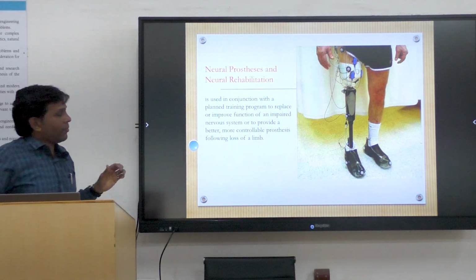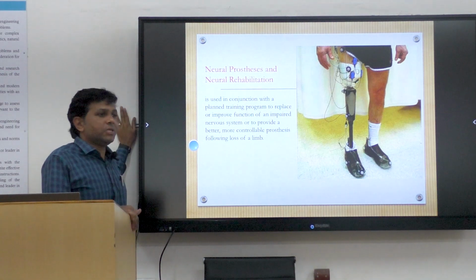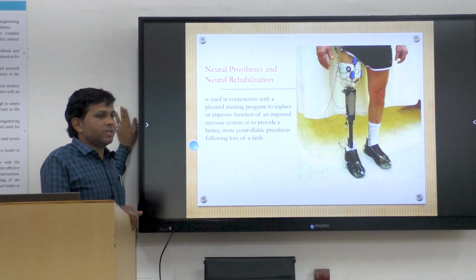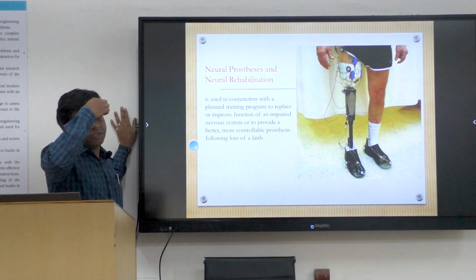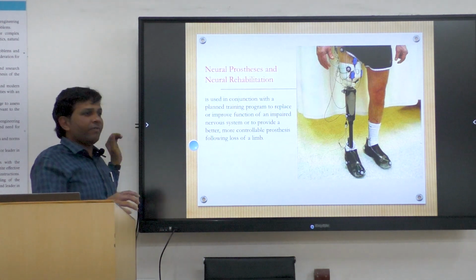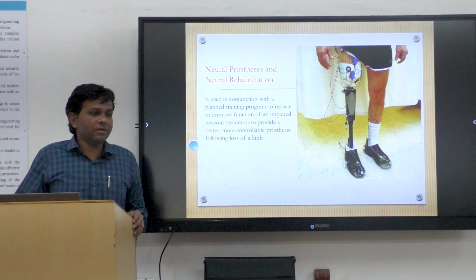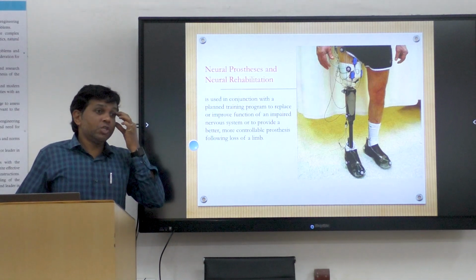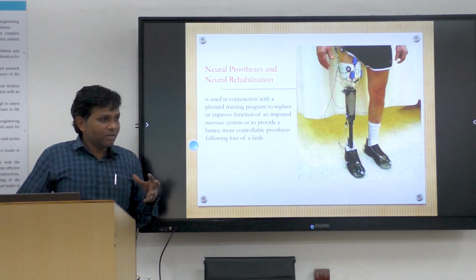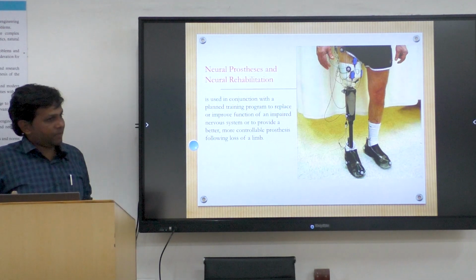But here you have to capture something called motor imagery signals. What are motor signals? Anybody knows? In the brain we have something called the motor cortex, which looks after all the movements or physical actions which our body performs.